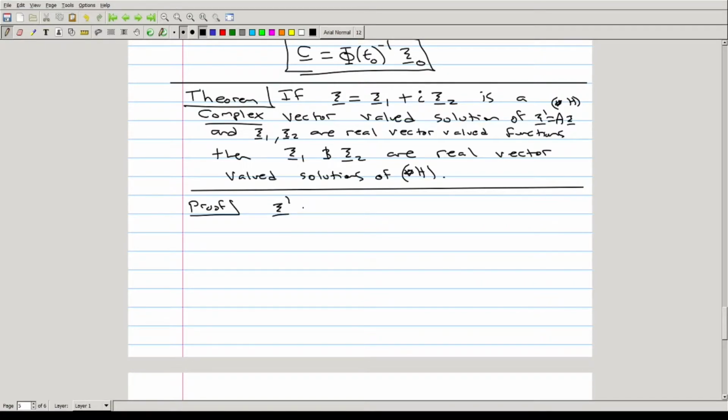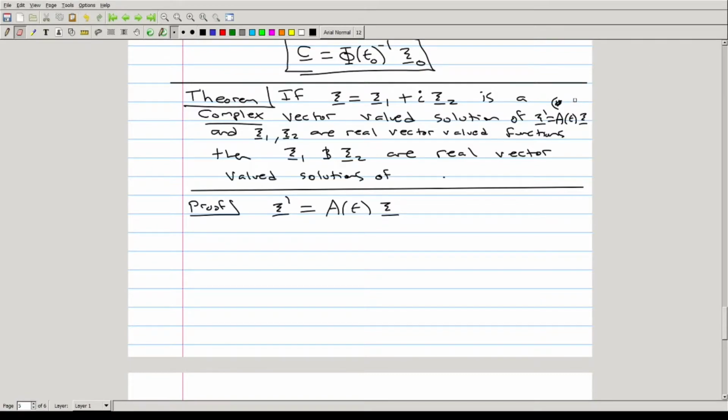We know that xi prime is equal to the matrix A of T times xi, and this actually holds more generally if you have a homogeneous differential equation that depends on T, so even non-constant coefficients.